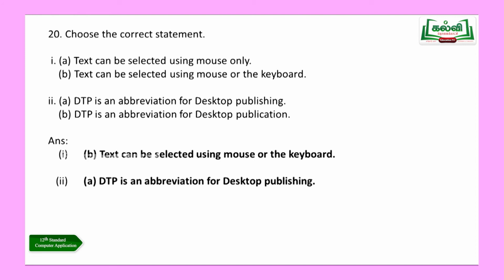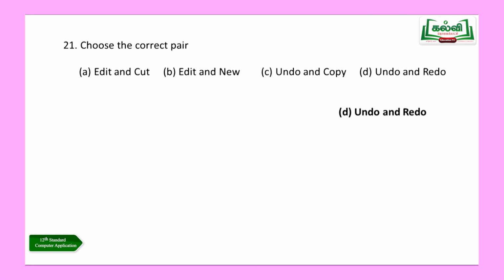So the correct answer for the second question is desktop publishing. Now we move on to the last question, 21. Choose the correct pair. There are 4 different pairs given and we have to select the correct pair: edit and cut, edit and new, undo and copy, undo and redo. The answer obviously is undo and redo.